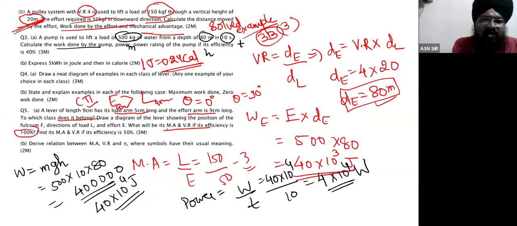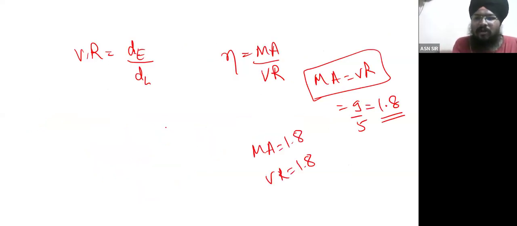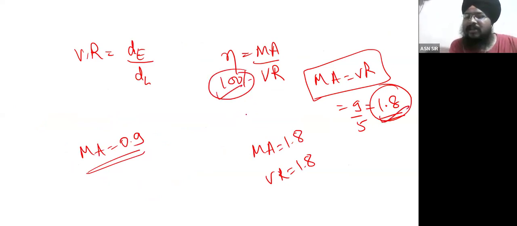And next, when the efficiency is reduced by 50%, or becomes 50%, then only mechanical advantage will change. Initially the mechanical advantage was 1.8. Now it will reduce to 50%, so it will be 0.9, half of the initial.